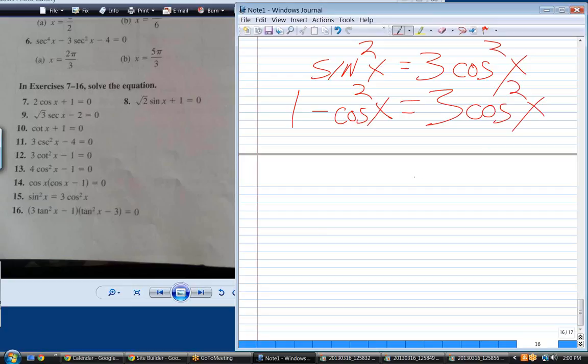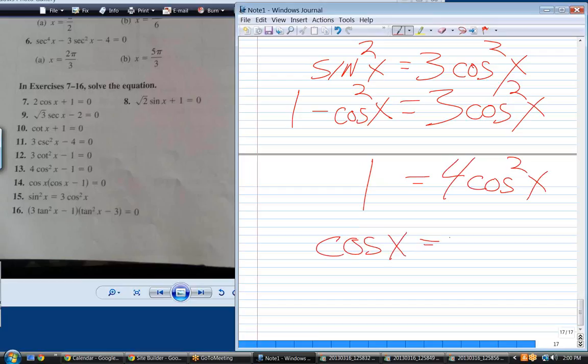And in fact, if I solve this, I get 4 cosine squared of x equals 1. So cosine of x equals plus or minus the square root of 1 over 4, which is equal to plus or minus 1 over 2.